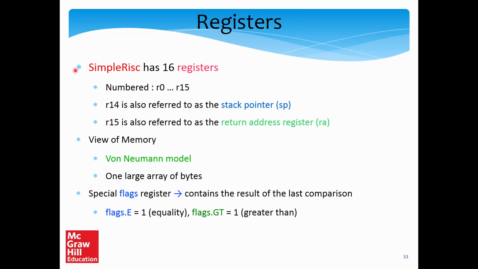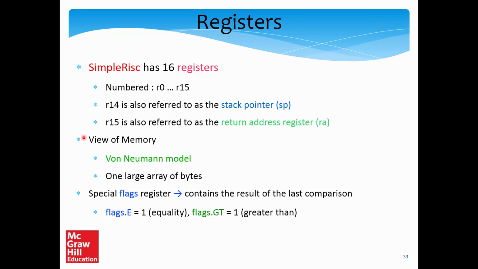Similarly, let us refer to R15 as the return address register or RA. The terms stack pointer and return address register actually correspond to pretty complex concepts. We'll discuss what they are in the future slides, but let's just remember for the time being that the stack pointer SP is R14 and R15 is the return address register. So they have some special meanings.